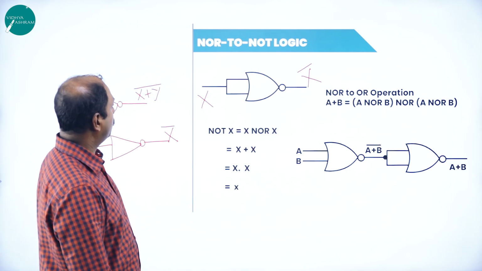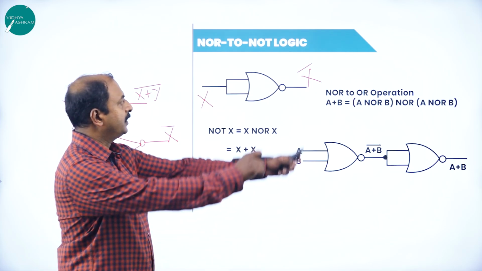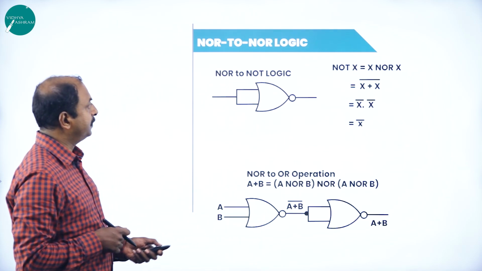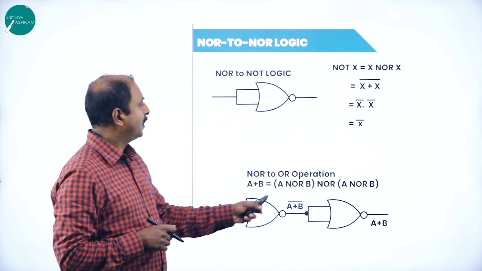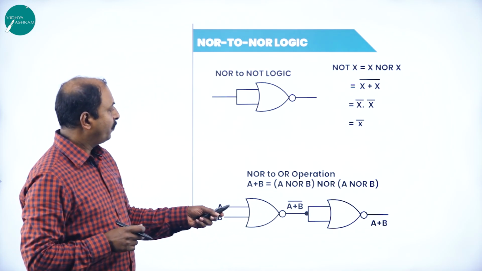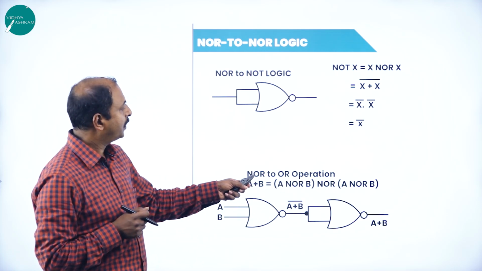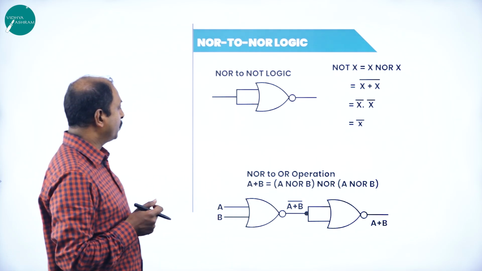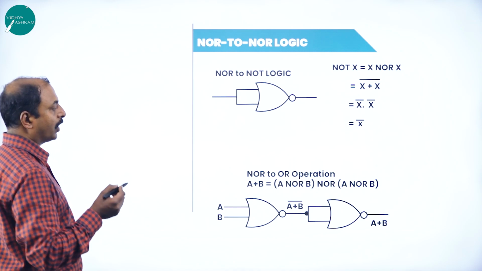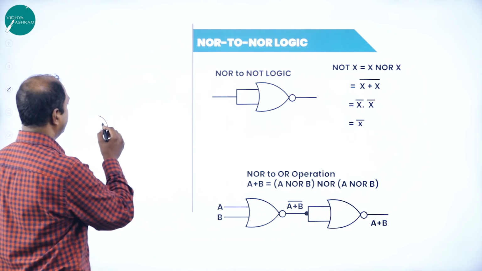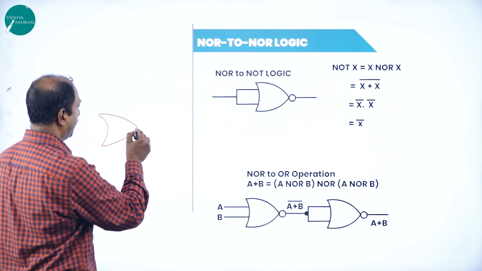Now let us move on to the next operation, that is the OR operation. This is the OR operation, which means we have to design an OR gate or OR circuit with the help of a NOR gate. So you know what the result of the OR operation is. Suppose this is your OR gate.